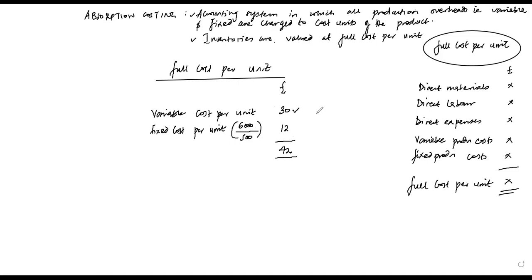Because if I'm to incur 6,000 per period, and in each period I budgeted that I'll be producing 500 units, then it means that each unit will cost 12 when it comes to fixed costs. That is our full cost per unit. So now we can go ahead and prepare our operating statements for each period.